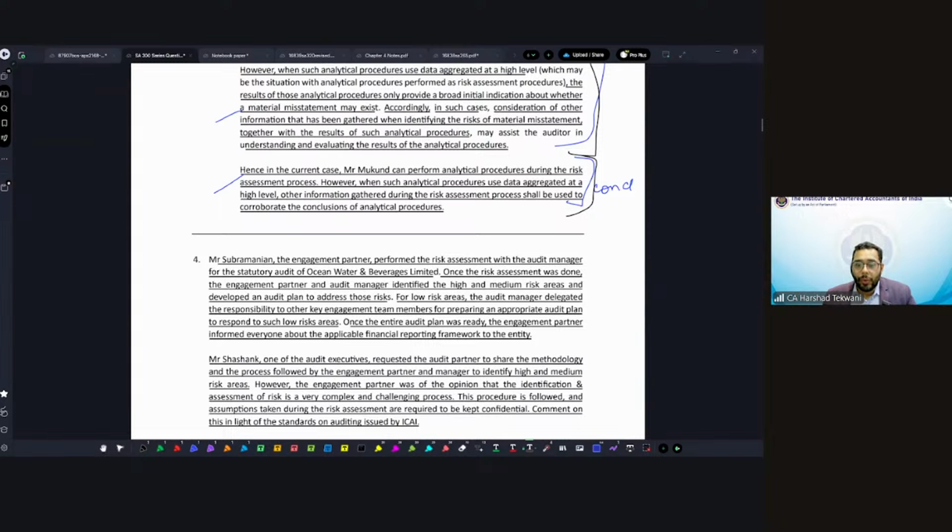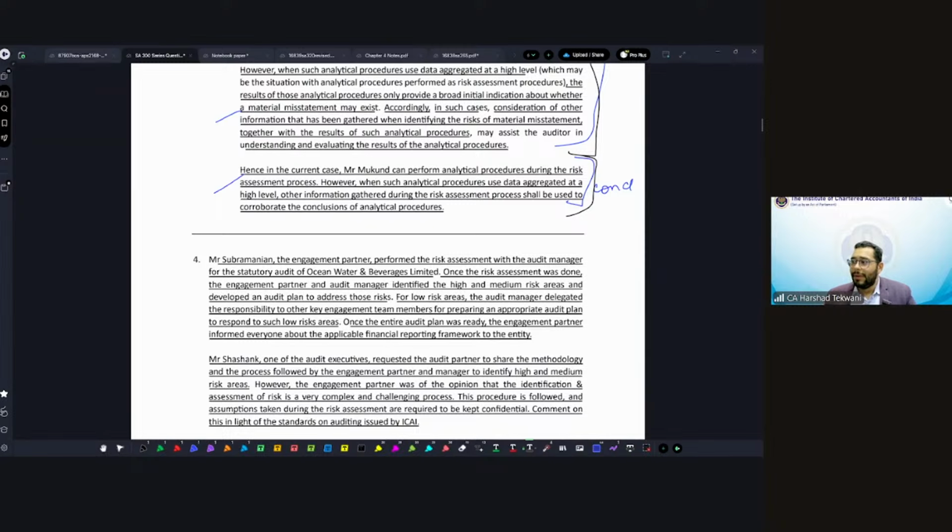Plus, when you are doing the risk assessment, like for example, once the risk assessment was done, the engagement partner and the audit manager identified high and medium risk areas. What about the other team members? So, while delegating and planning the low risk areas to other team member, that is fine. They delegated it. But when they were discussing the high and medium risk areas, at that point in time, they were supposed to involve the team so that they can understand why it is high or medium risk area.